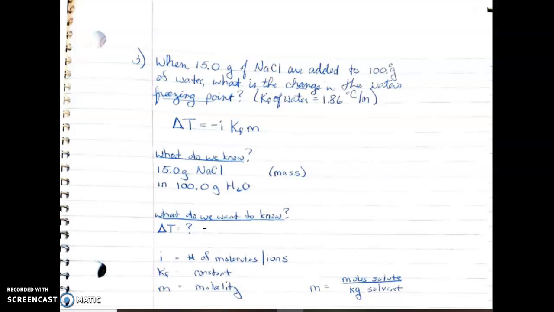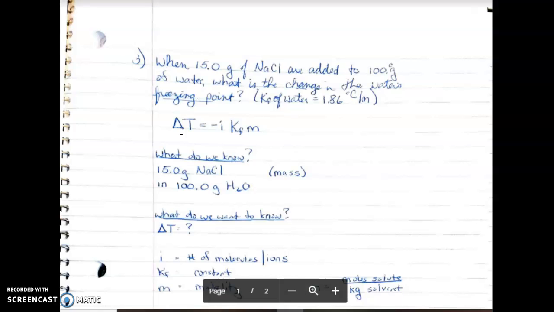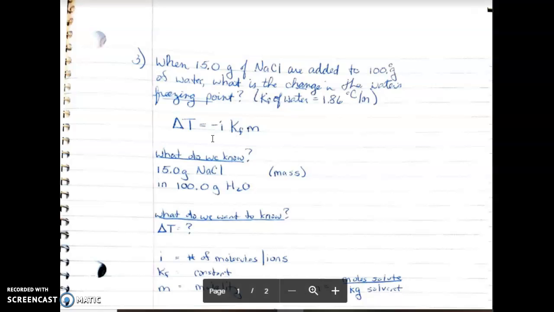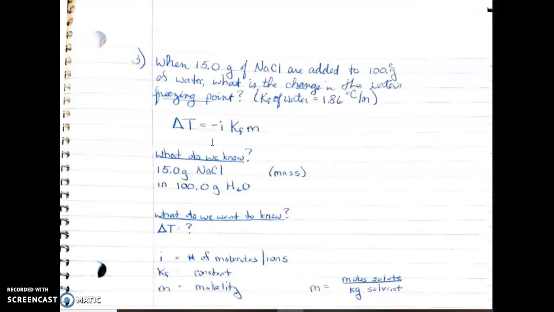Anytime you do these problems, you want to know what equation relates the things that we know to the things that we don't know. Then we look at this equation and ask what things we can figure out.